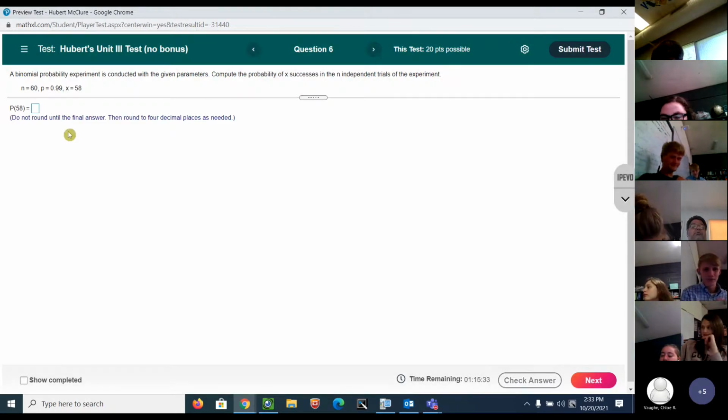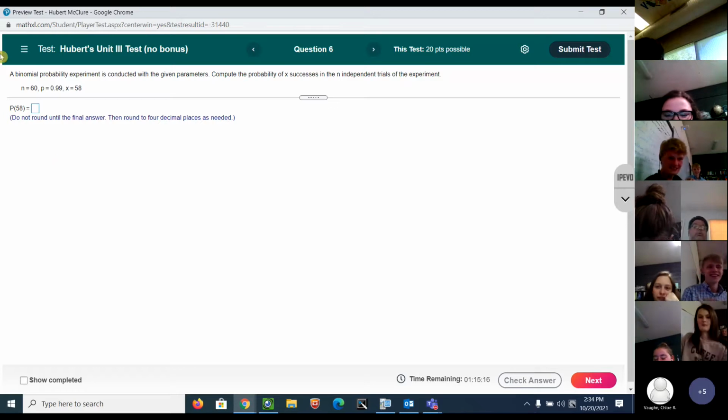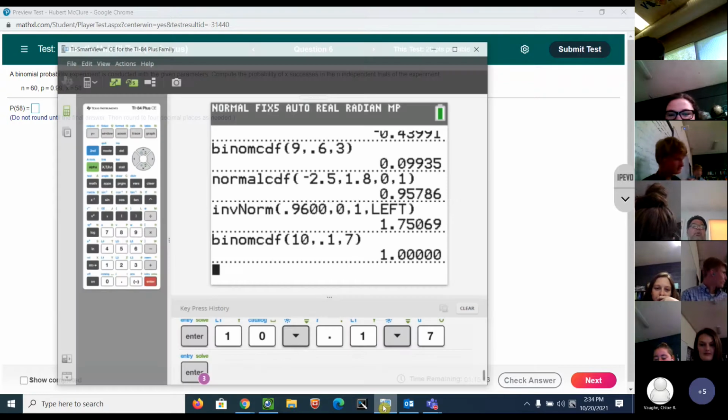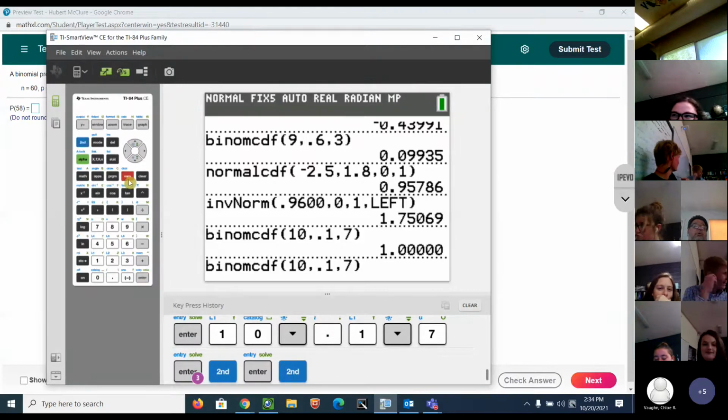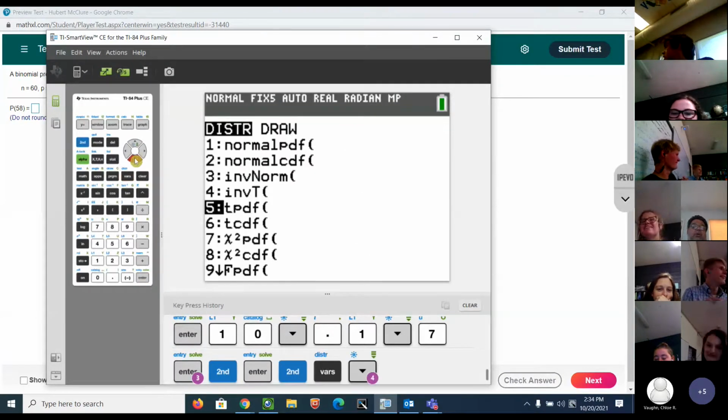Next. All right, this is precise. This is n is equal to 60. p is equal to 0.99. And x is equal to 58. So this is precise because it's equal to. So handy dandy calculator. Second bars, binomial PDF.